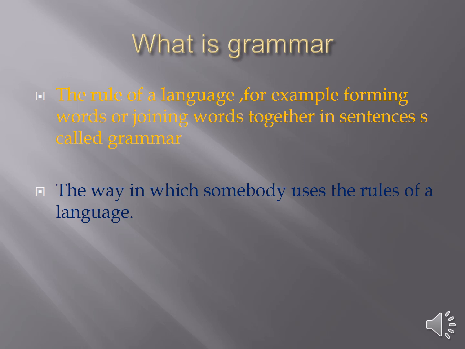Second, what they have given is the way in which somebody uses the rules of a language. If we want to learn a language, the way in which somebody uses the rules of a language is called grammar.